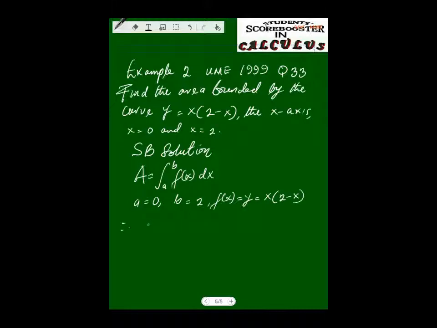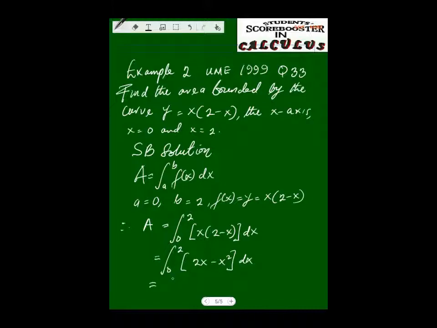So therefore our A is equal to the integral from 0 to 2, as we are integrating, and it's going to be x into 2 minus x dx. And what else? You open this bracket, you're going to have 2x minus x squared dx.